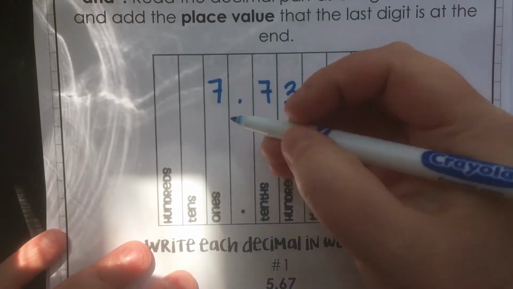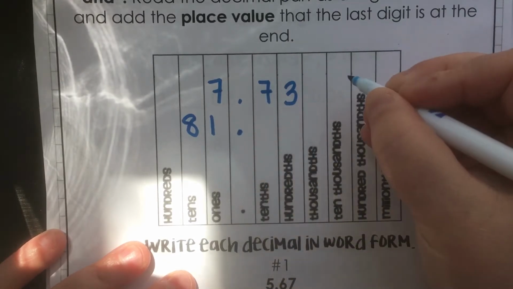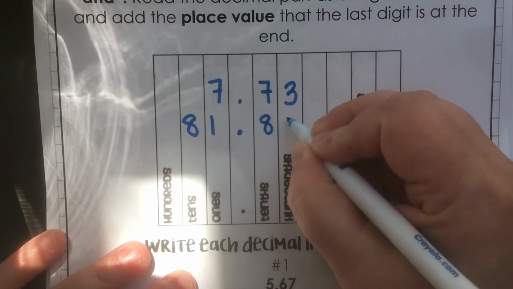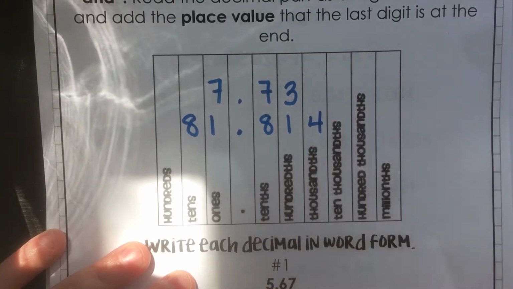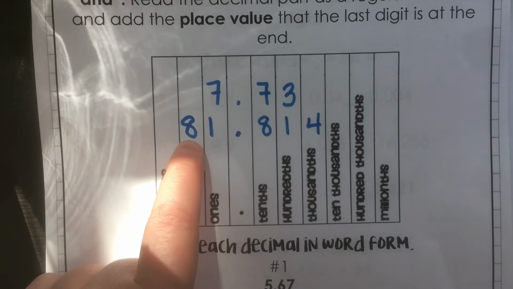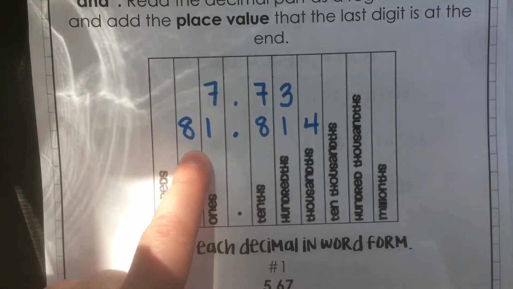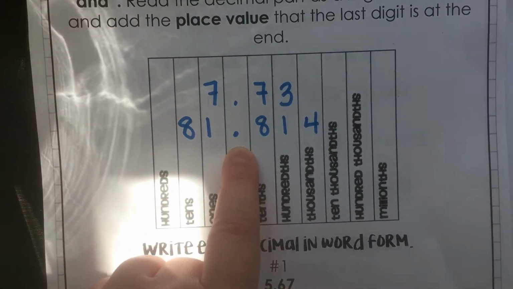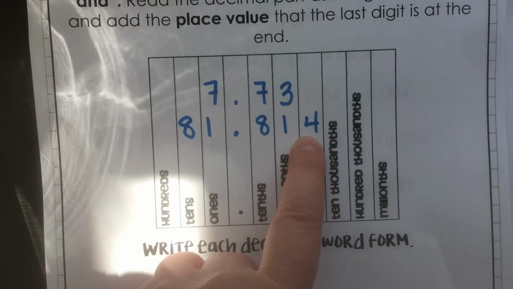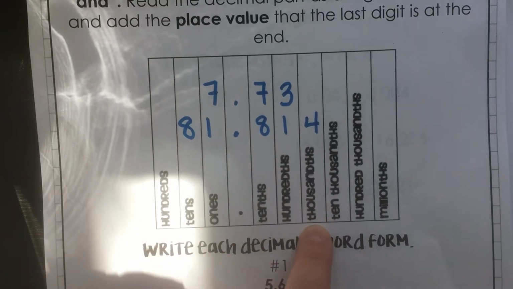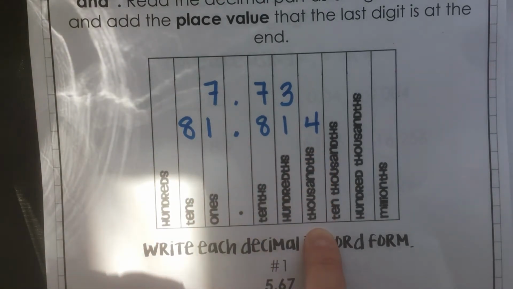Let's say I have another number. I would say this number, 81, and then what's this number? 814. What's the place value? Thousandths. So 81 and 814 thousandths.